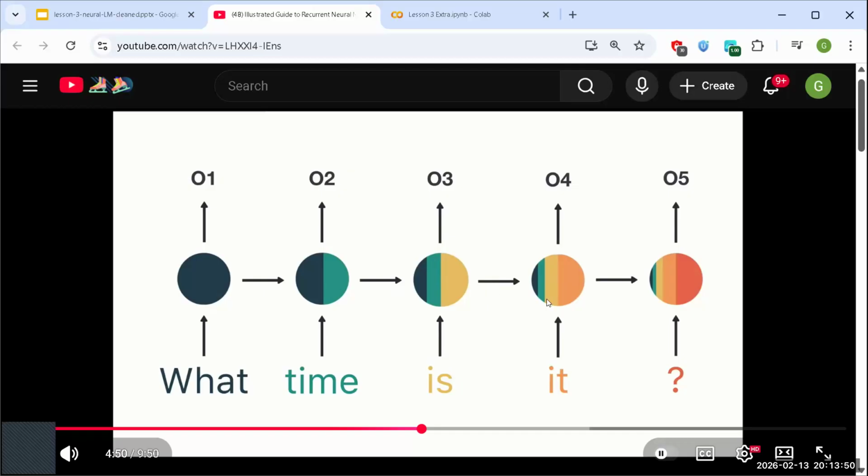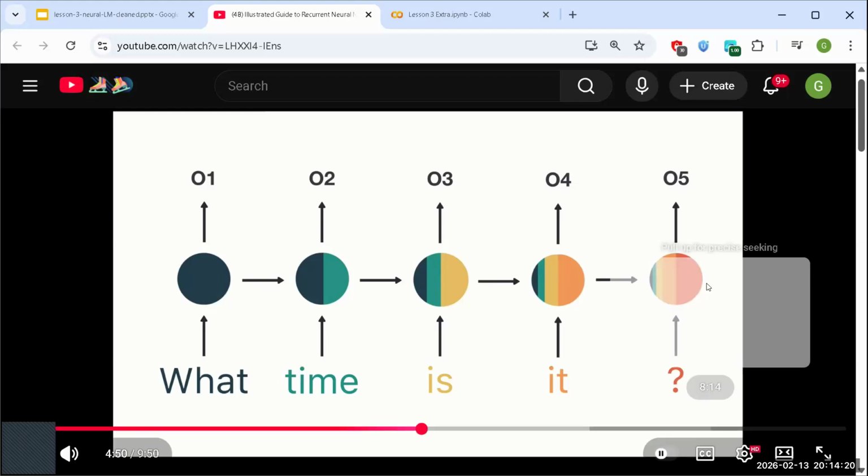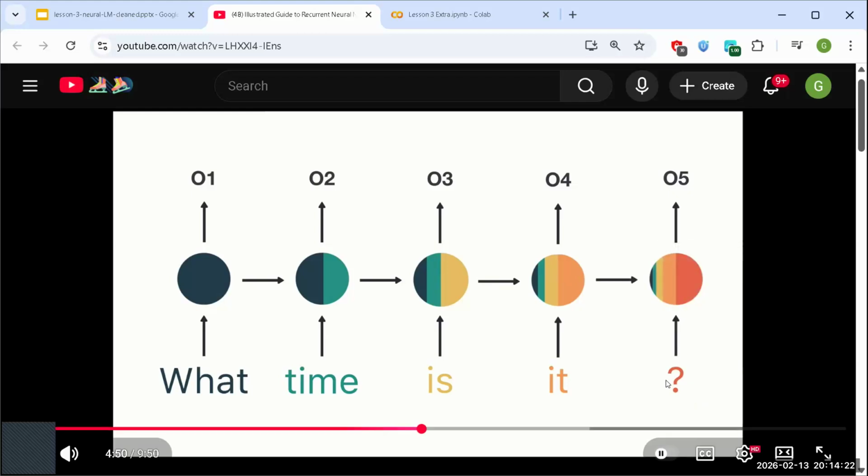So actually, what he was also trying to illustrate is the colors of the balls. This is a blue, this is a green, this is a yellow, orange, and then this is a red. But what you can see if you look at the last ball, if you correspond to the colors of each of the balls, is that the blue color is very small. So this is the intuition whereby when you're passing information, the "what" has the smallest percentage of importance when it comes to the last word that is being put in, or the last token, which is the question mark.